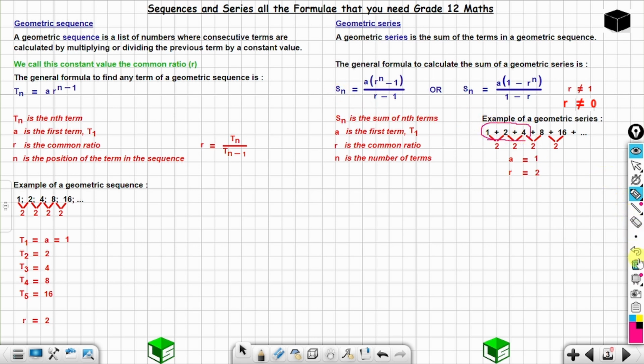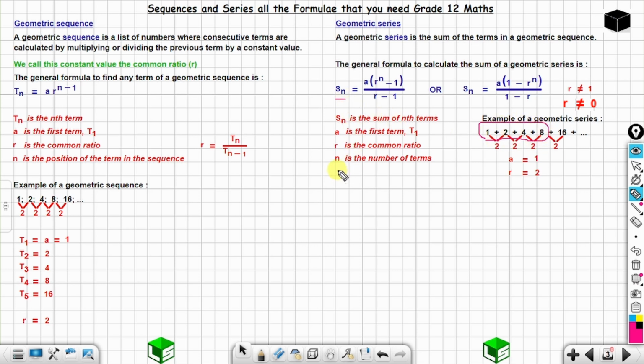If you are calculating S4, it means you are calculating the sum of the first 4 numbers: 1 plus 2 plus 4 plus 8, which is 15.